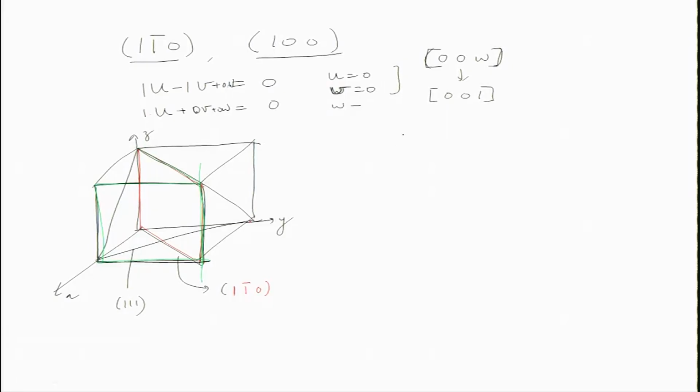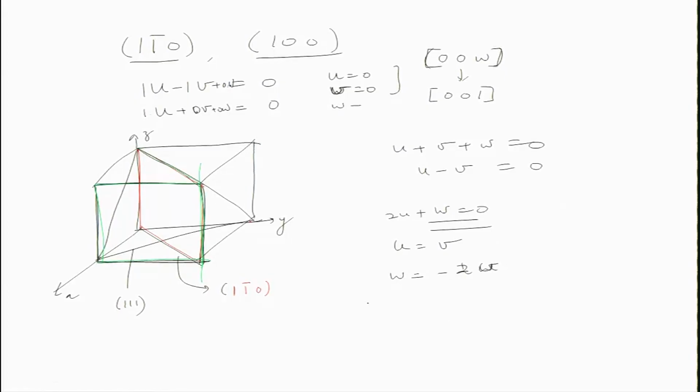For the second case you have 1 1 1, so U plus V plus W is equal to 0, and for the fourth this becomes U minus V is equal to 0. You can see that in this case 2U plus W is equal to 0 and U is equal to V. So, W is equal to minus 2U.